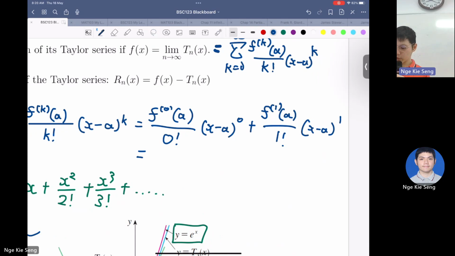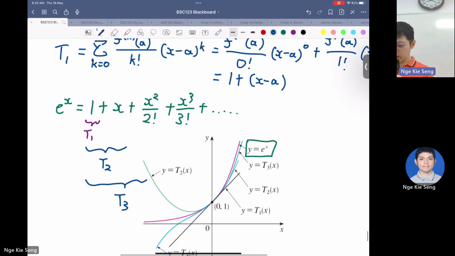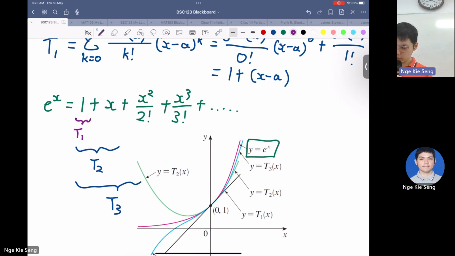So you're right, we need to include the constant term every time, meaning we need to extend our T1, T2, and T3.